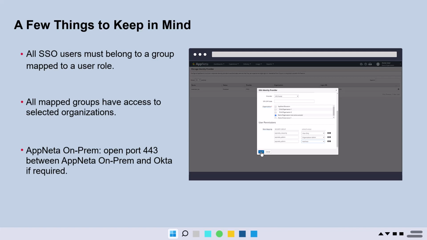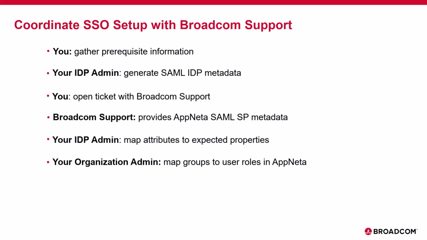Once SSO is enabled, additional role mapping can be added. Then, once roles are mapped, notify Broadcom support on the ticket and they will enable SSO for testing. Organization admin users have access to disable and re-enable SSO within the AppNeta user interface as needed.